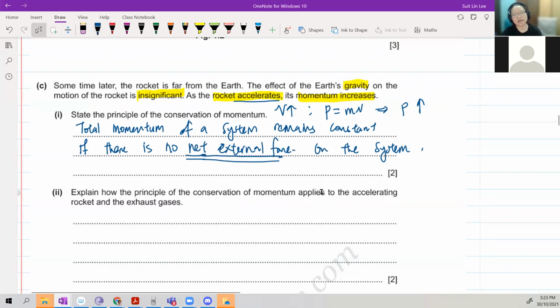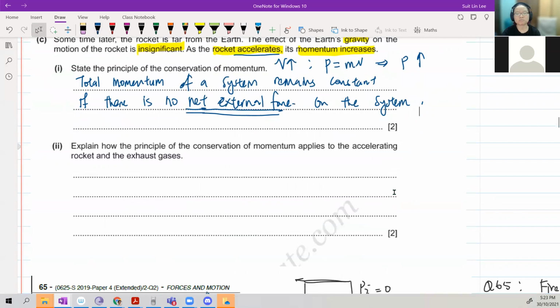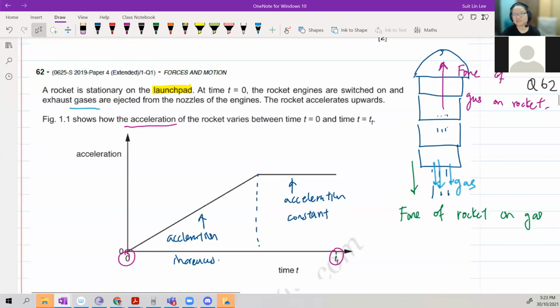Part 2. Explain how the principle of conservation of momentum applies to the accelerating rocket and the exhaust gas. So before this exciting thing happened, the momentum of the rocket is 0.